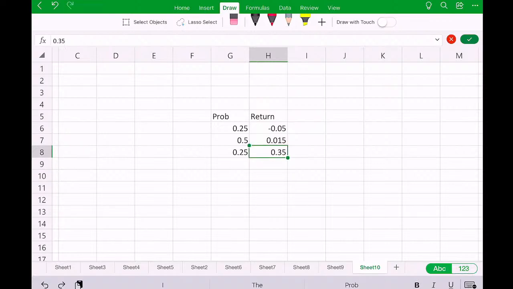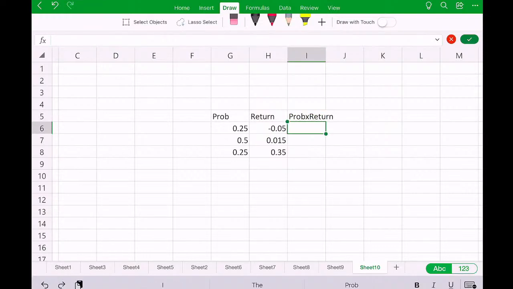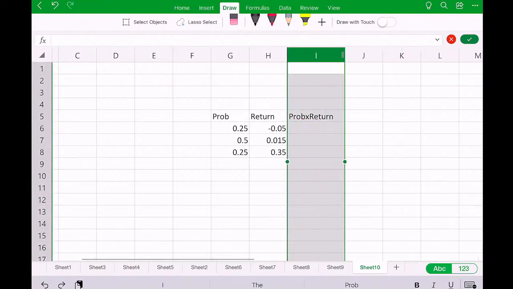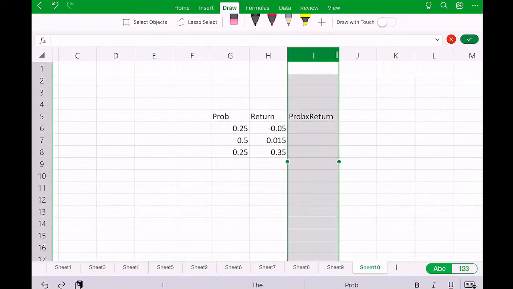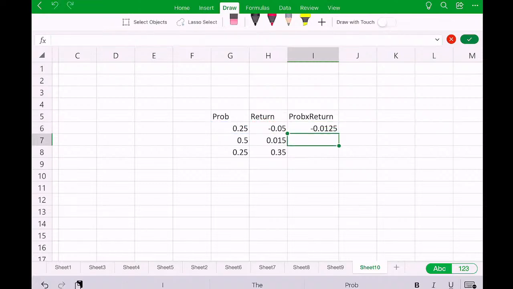So what I want to do is calculate the average. Remember, the average is the probability times the return, or x, right? But now we're working with the variable return. So the weighted average is a matter of pre-multiplying each of these and then summing.